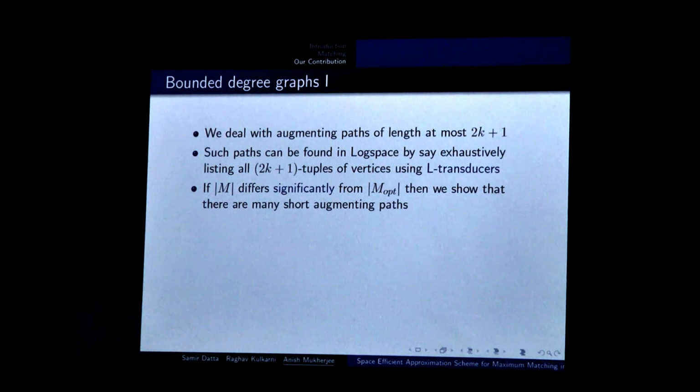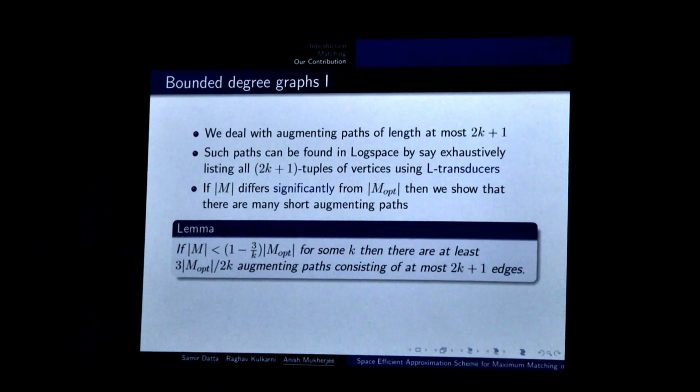And we want to augment all of them. But to do that, we first have to prove that we have a large number of short augmenting paths. You can prove such a lemma: if the sizes differ by some large factor, there always exists a lot of augmenting paths of short length. This goes through by a small proof which uses an averaging argument.